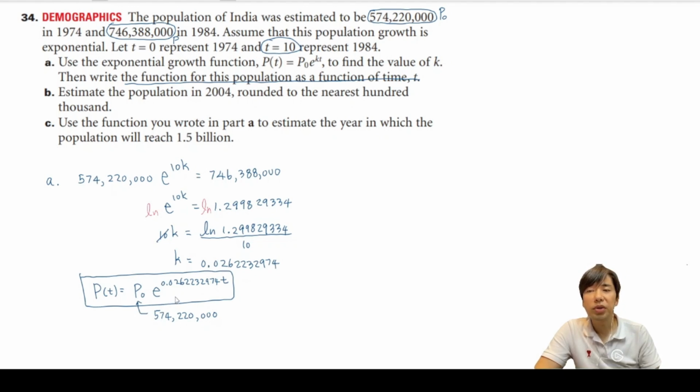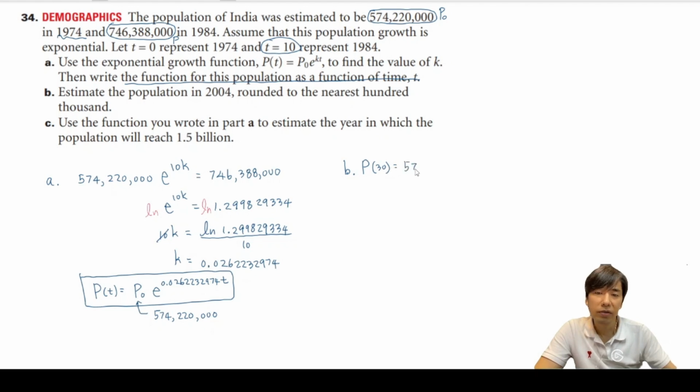B, estimate the population in 2004 rounded to the nearest 100,000. So for B, 2004 is how many years after 1974? That's 30 years later. So you're looking for P30, okay?